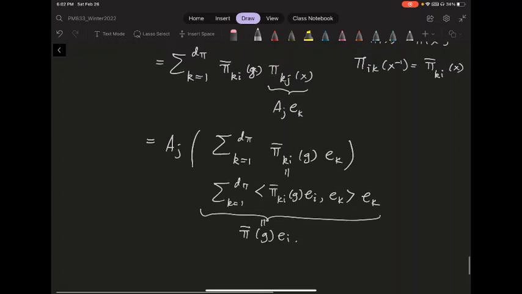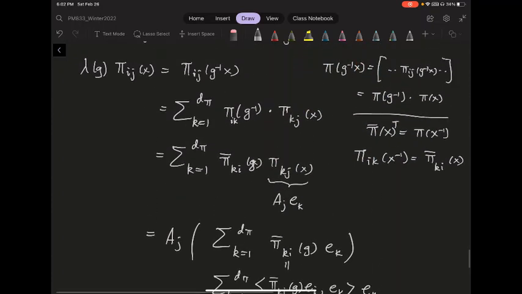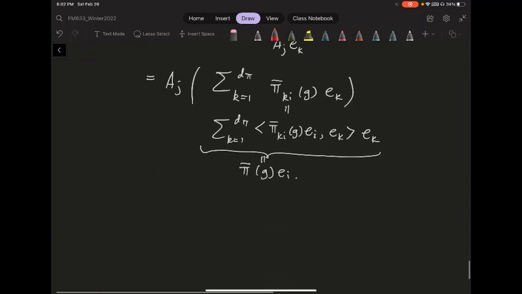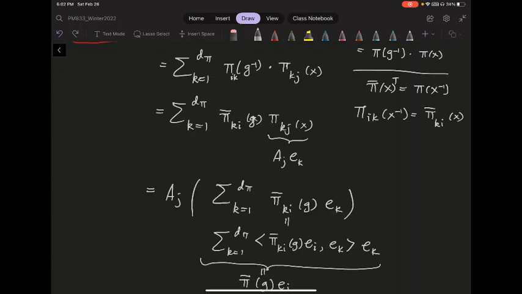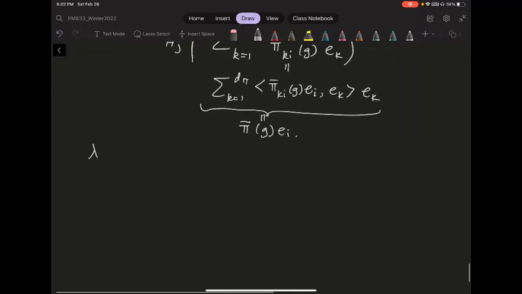Okay, so let's see what we end up with. We started with lambda g applied to aj of the ith basic vector. That's the same as aj of pi bar of g applied to the ith basic vector.